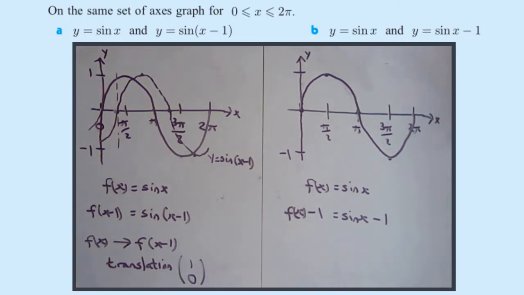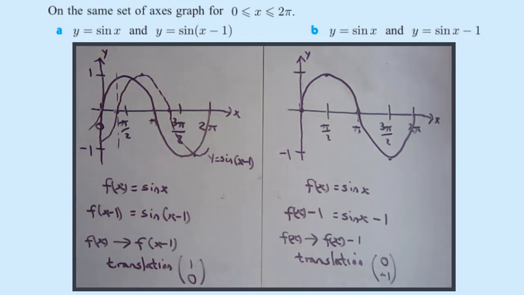So that is outside the bracket. It's a change to the output, not the input. You do the input and then you only alter it afterwards, which isn't in terms of order of operations, that sort of thing. So from f of x to f of x minus 1 is a translation. It's vertical, so it doesn't move horizontally at all, and it goes down by 1.